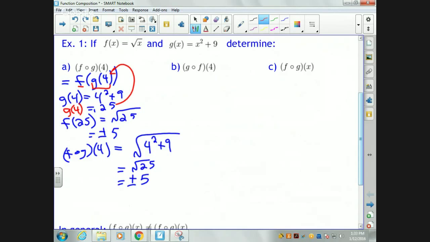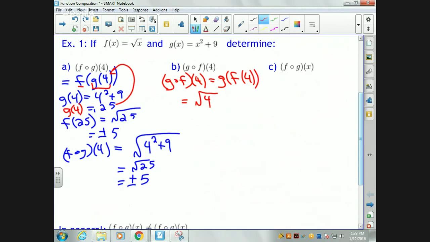So G composed with F, that's the same as G at F of 4. So in this case, we can find F at 4. So that's the square root of 4.